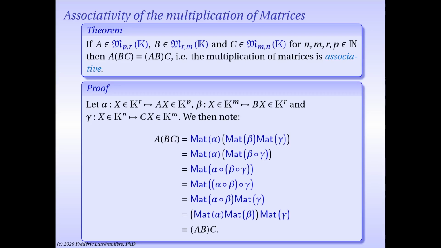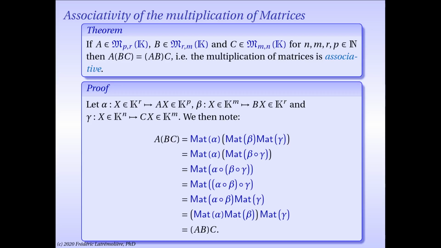Now the key observation, which is actually very easy to check, is that composition of functions, linear or not, is associative. So A times the product of B with C is indeed the matrix of the map obtained by alpha composed with beta first, then composed with gamma second.